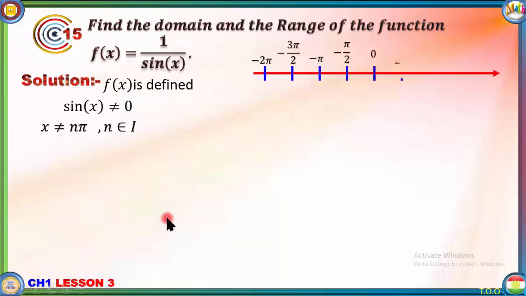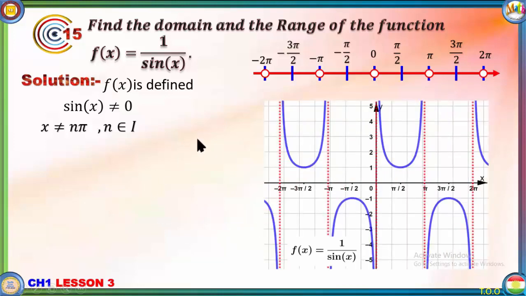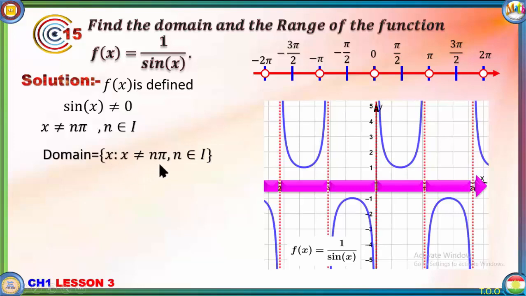Therefore the function is not defined at minus 2 pi, minus pi, 0, pi, and 2 pi. That means the domain is all x when x is not equal to n pi, when n is an integer number.